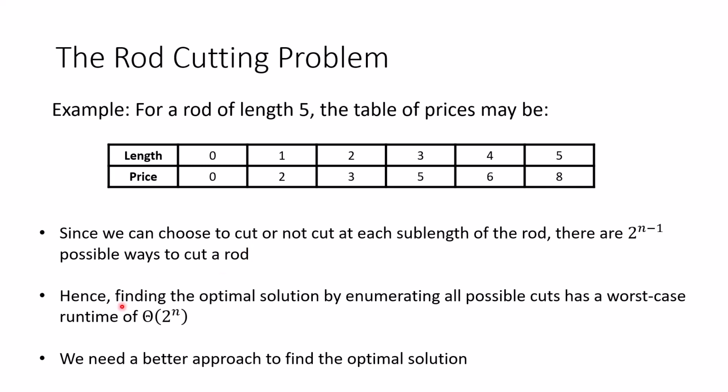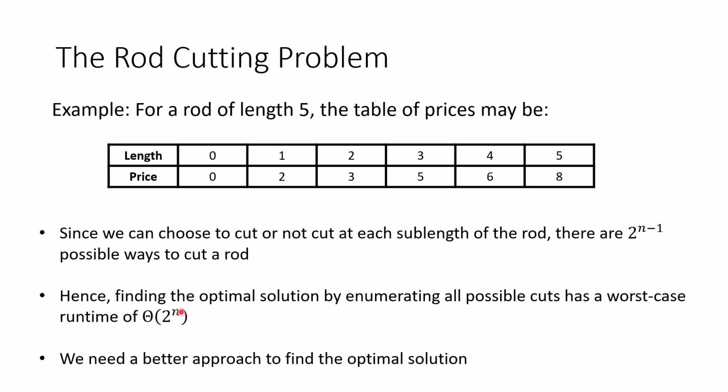Okay, so one way that you can tackle this problem is to just enumerate all the different possible ways to cut the rod. Eventually, you will find the optimal way. You can just loop through all of the 2 to the n minus 1 ways to cut, add up all of the prices for each of the pieces, and get the max of all of that. That would be completely valid.